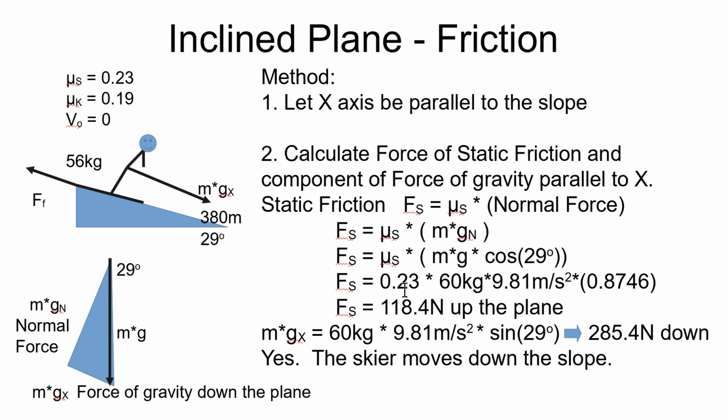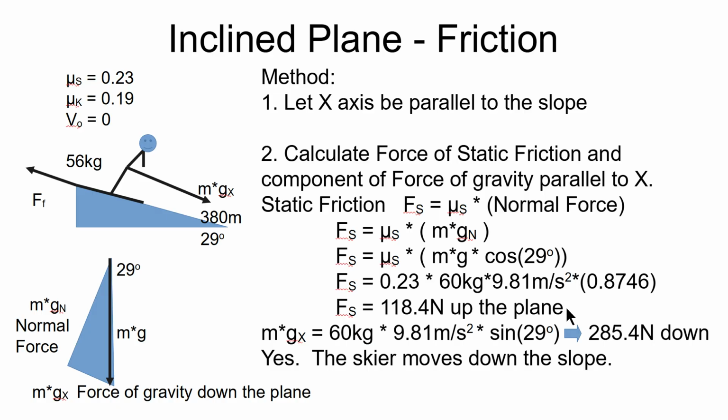So putting in the numbers, you should pause here and pull out your calculator and verify I did this correctly. I've rounded off cosine of 29 degrees for this presentation, but when I actually did the calculations, I didn't bother rounding off the cosine number. I just let that stay on the display of the calculator, multiplied 9.81, 60.23, and I got 118.4.